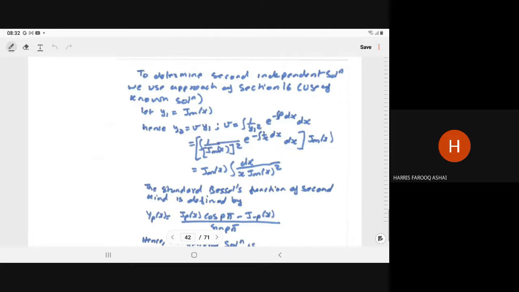Till now I have not said that J_{-p} is the Bessel function of the second kind. In starting, I have to determine the second linearly independent solution, which we term the Bessel function of the second kind. Here we are writing directly a form which will work whether p is an integer or not.